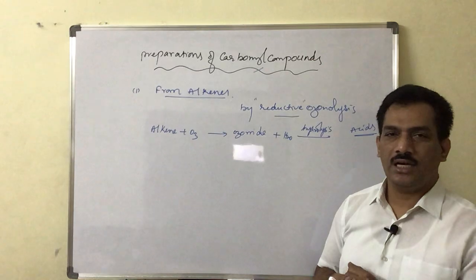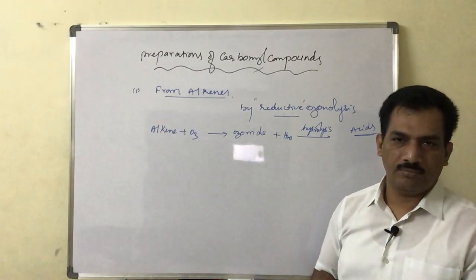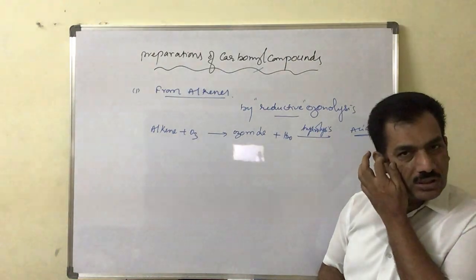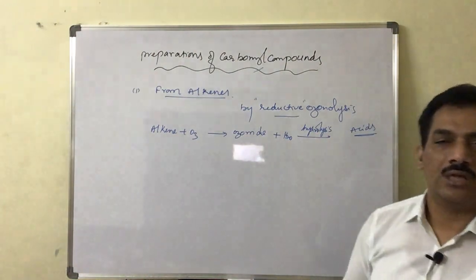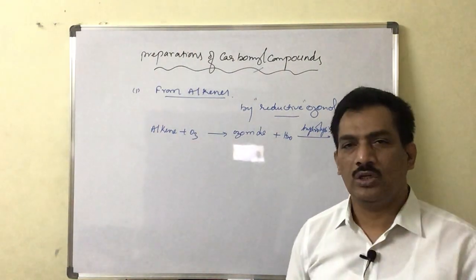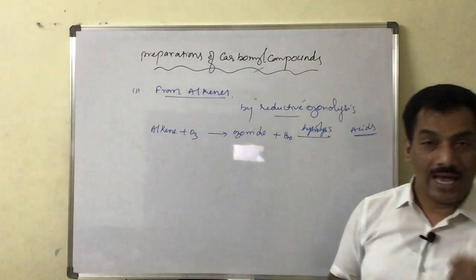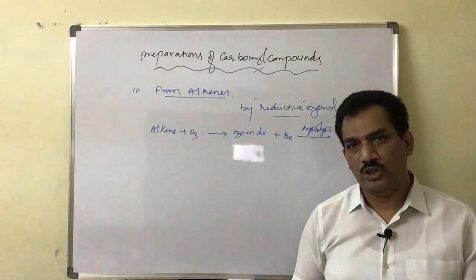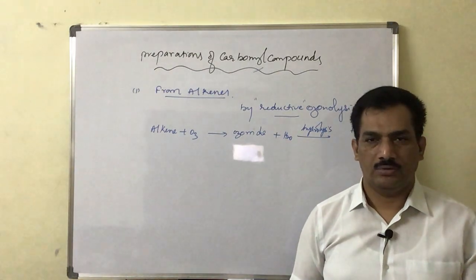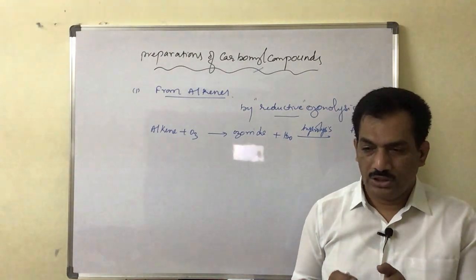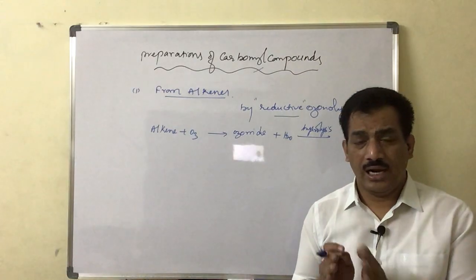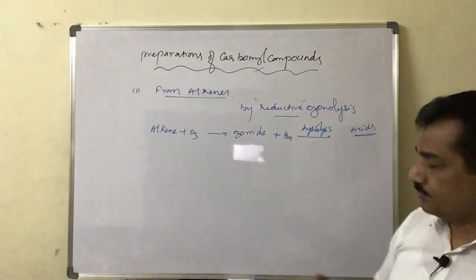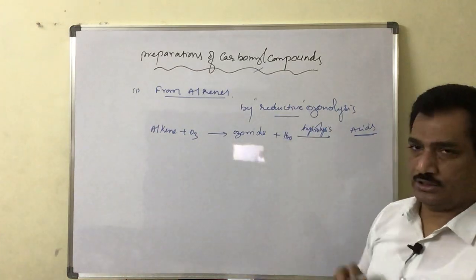Simply for our understanding, you can use that word. In case the oxidation is not controlled, these alkenes on perfect ozonolysis will give the acids as the final products. But our intention is only to prepare carbonyl compounds, so the oxidation should be restricted at the stage of carbonyl compound. For that purpose, it is reductive ozonolysis.